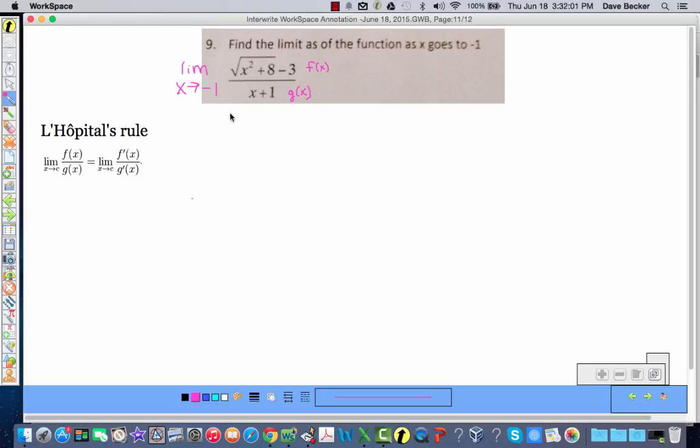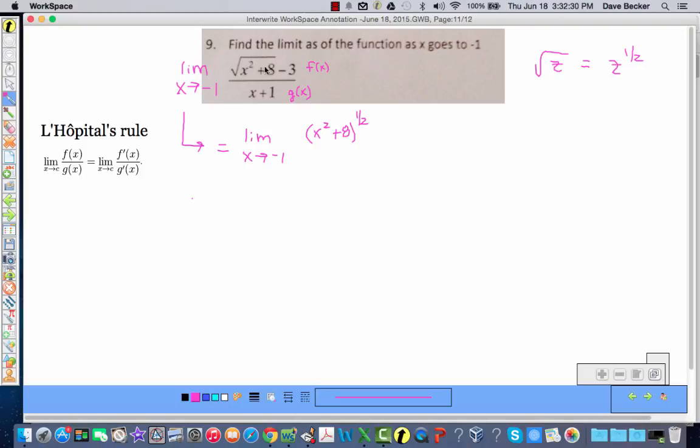Okay, so I'm going to say from here that this is equal to the limit as x approaches -1 of, and I'm going to rewrite the square root of x squared plus 8 as x squared plus 8 raised to the 1/2 power, because the square root of any z is the same thing as z to the 1/2 power.